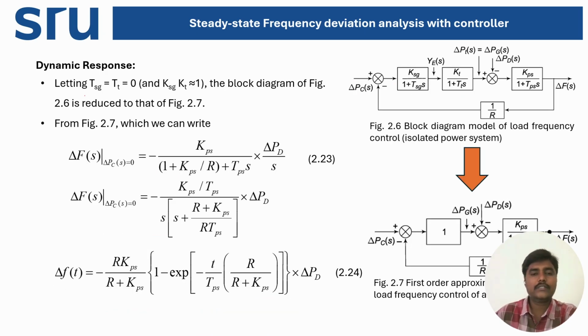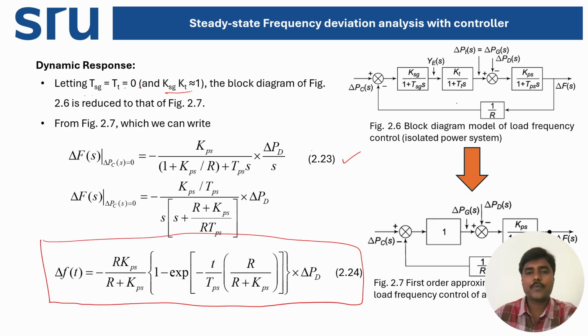So here let TSG and TT is equal to 0 and at the same time KSG into KT is equal to 1. Then accordingly the equation can be modified as 2.23. Now in this equation, if you apply inverse Laplace transformation, then you will get the expression for delta F in the time domain.